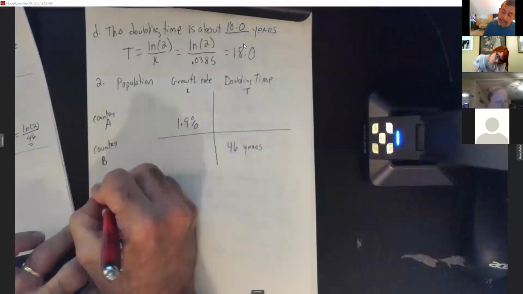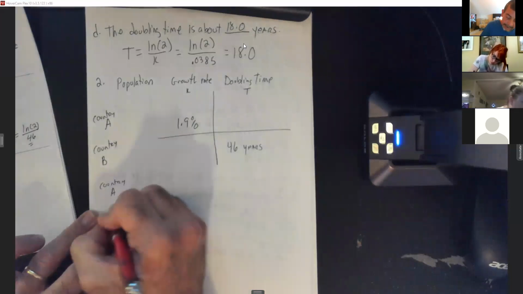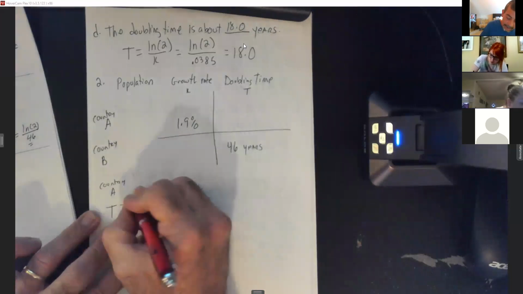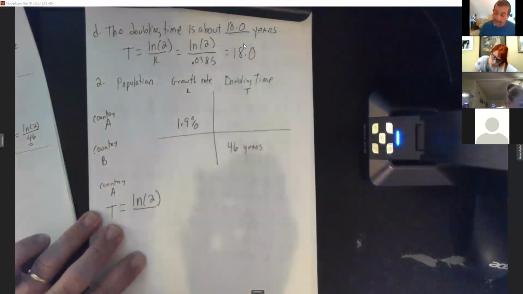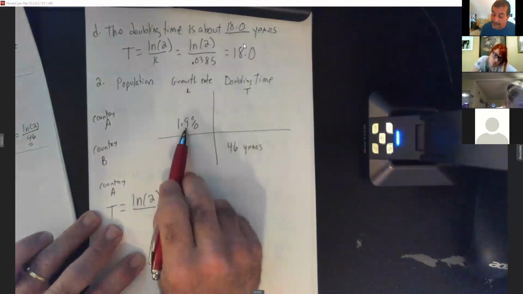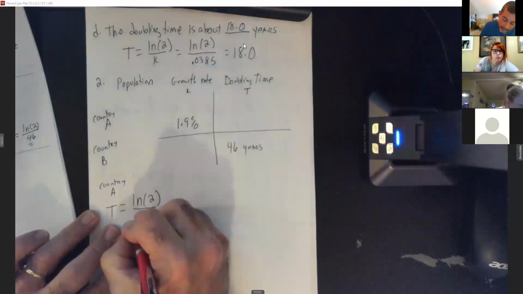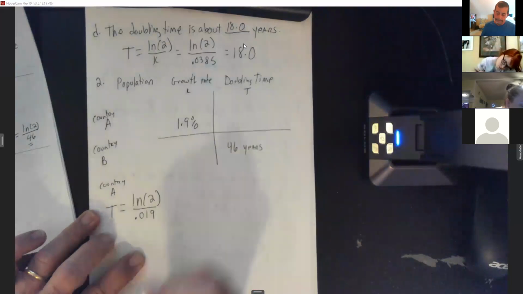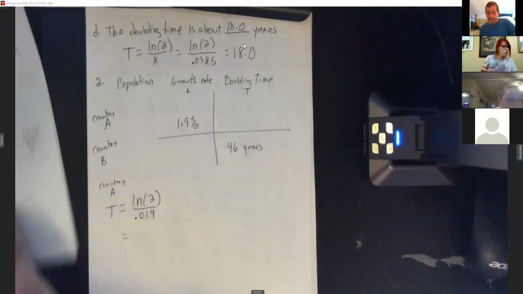So here's country A. I know his doubling time, T, is going to equal ln of 2 divided by his growth rate. But remember, that's 1.9%. I'm going to have to move that decimal twice to the left so that I get 0.019.